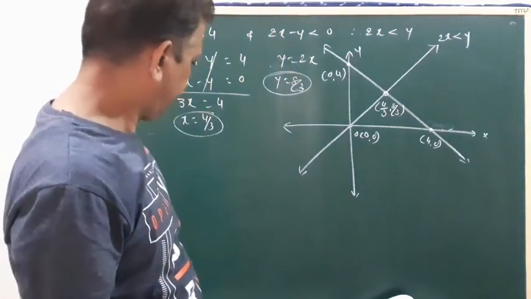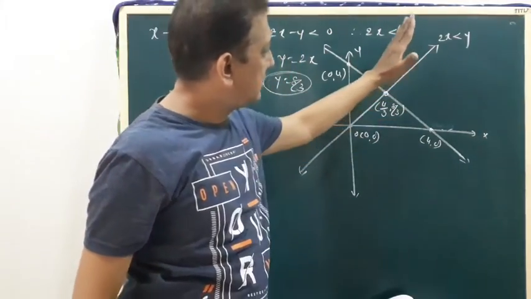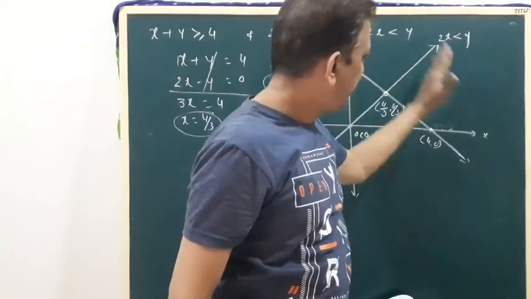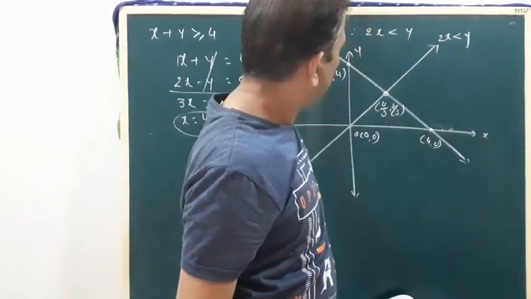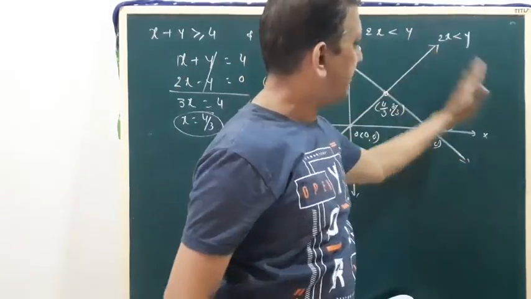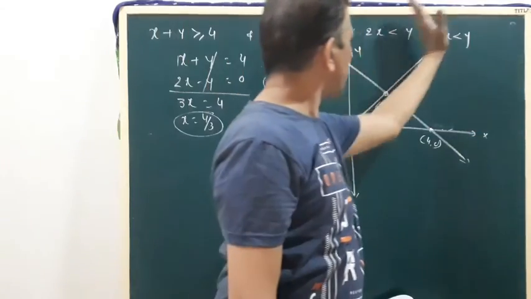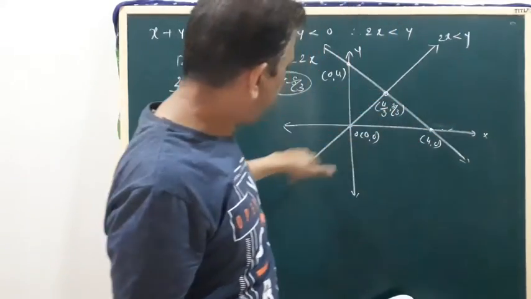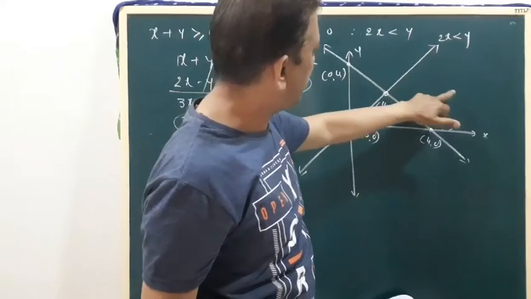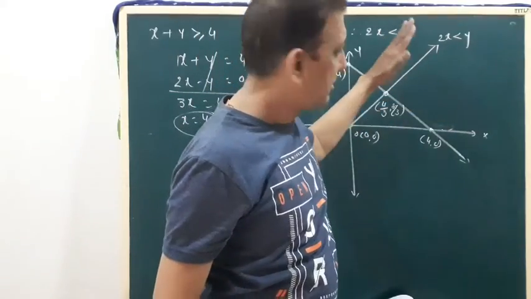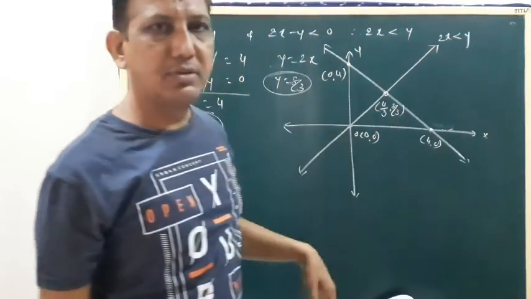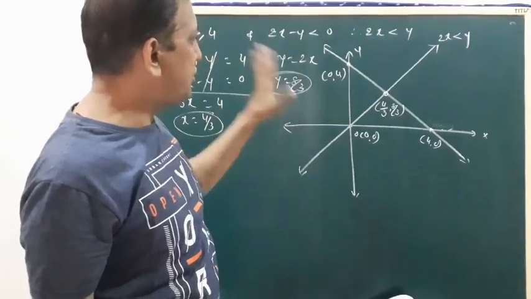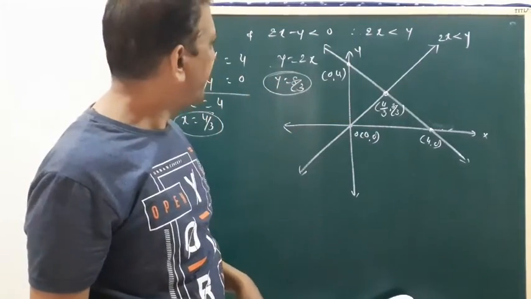Okay. Now you can decide which portion, left side or right side. Upper part is the common, but when we draw this line, the area is divided into two parts, right or left. Now we decide which part is the common part.